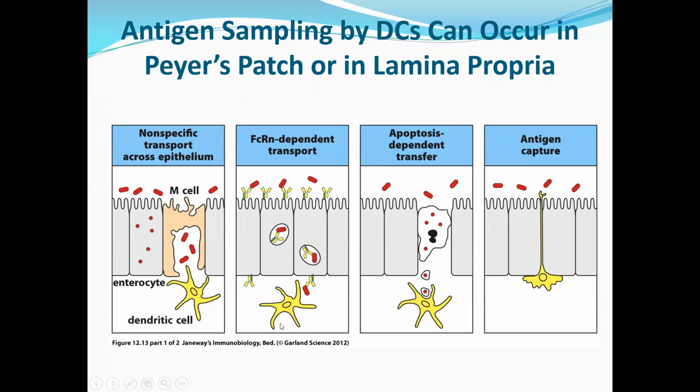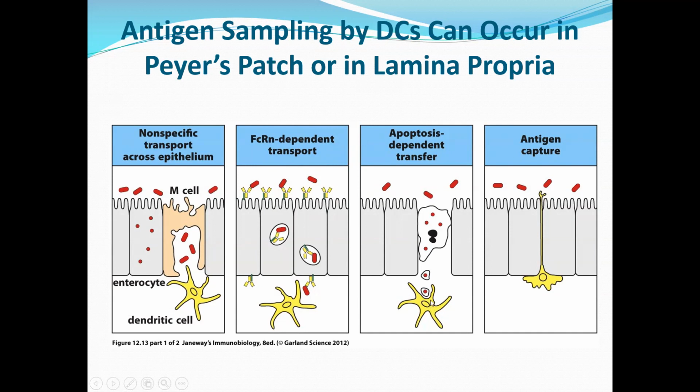Another mechanism for antigen capture is that any epithelial cell that is part of this barrier that gets killed, as in the case of a virus-infected epithelial cell and undergoes apoptosis, these apoptotic bodies can get taken up by the dendritic cell.